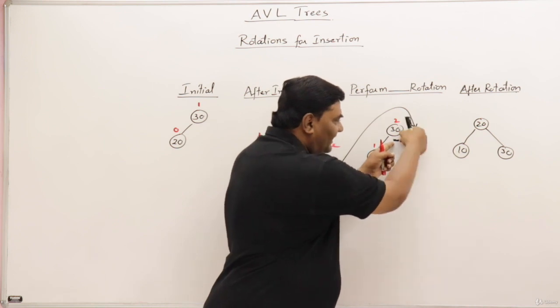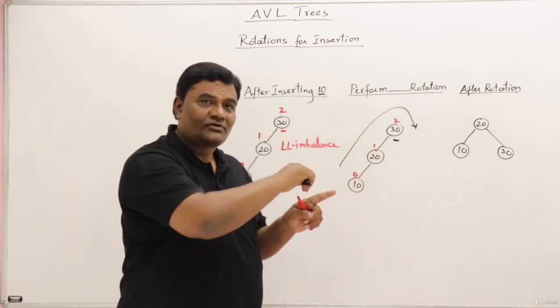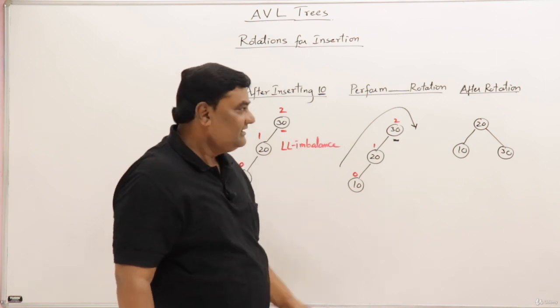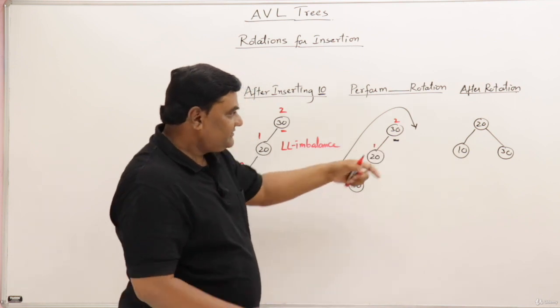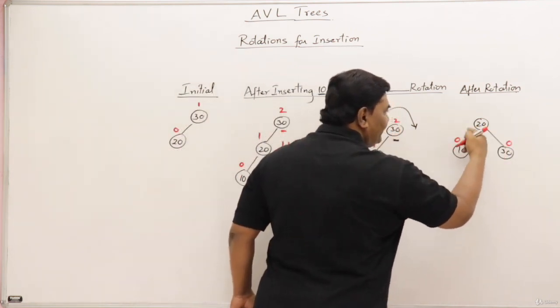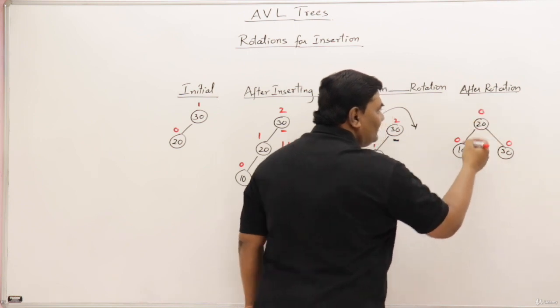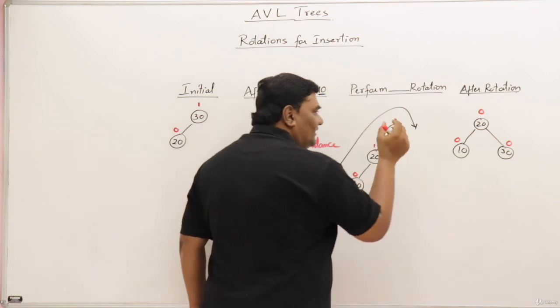Hold your finger and move this node. So rotate around your finger, rotate around a fixed point. Okay, so this is the rotated tree. Let us check the balance factors. This is 0, this is 0, this is 1 minus 1, 0. All are balanced. So around which node have we rotated?